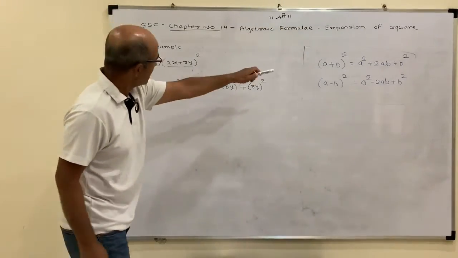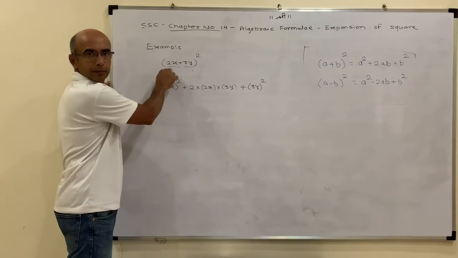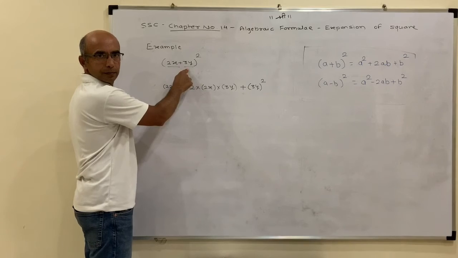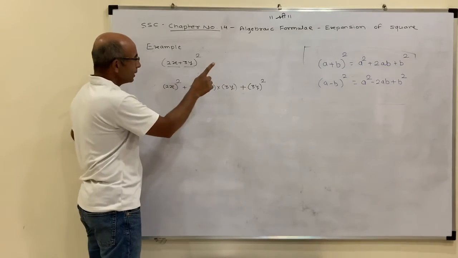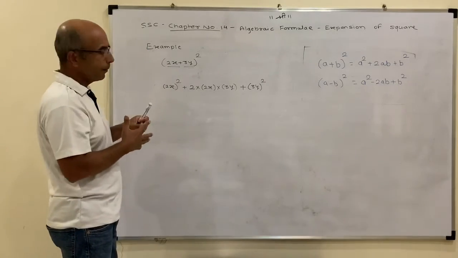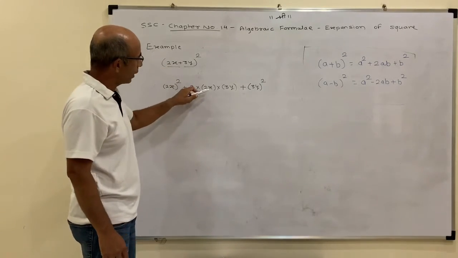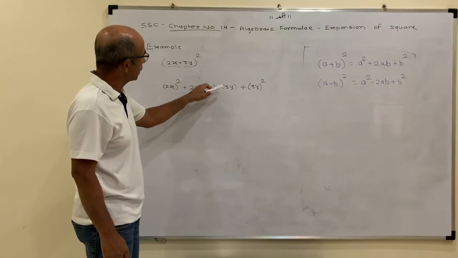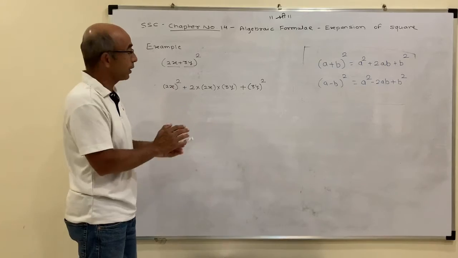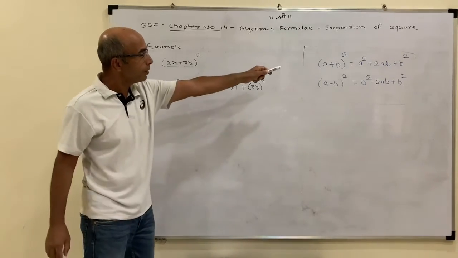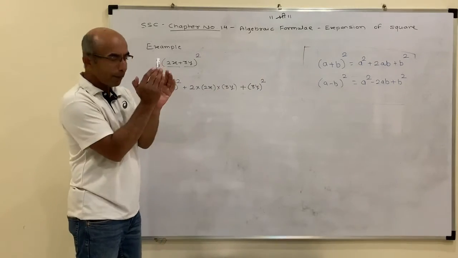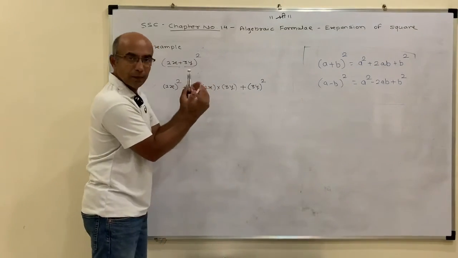Now that a is nothing but 2x here, and that b is nothing but 3y here. So now a² is this (2x)² plus 2 into 2x into 3y plus (3y)². It's not just y², it's (3y)², okay? Because 3y is nothing but b, so the complete b² is a complete (3y)².